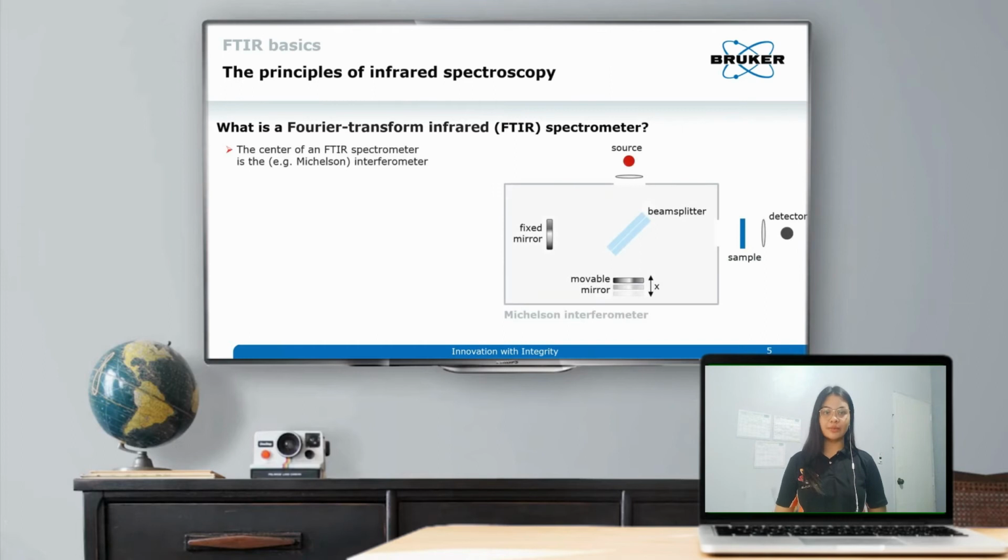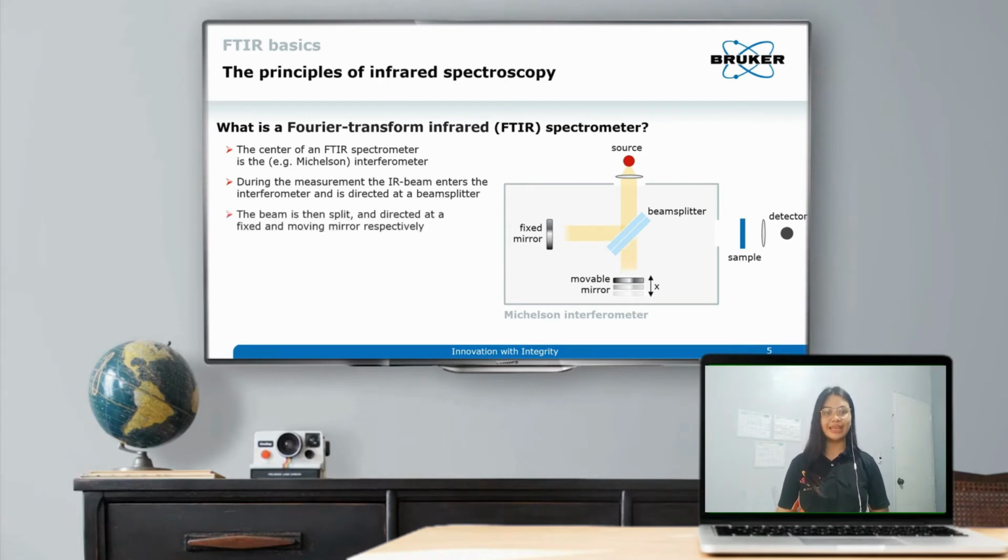During the experiment, the infrared light will enter the interferometer and hit the beam splitter. The beam splitter will split the light into two beams and send them in different directions at an angle of 90 degrees. Now, once they meet again and recombine in the beam splitter, constructive and destructive interferences will occur, leading to the creation of an interferogram.